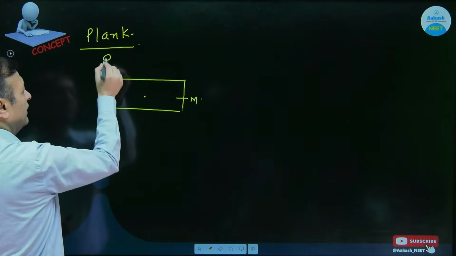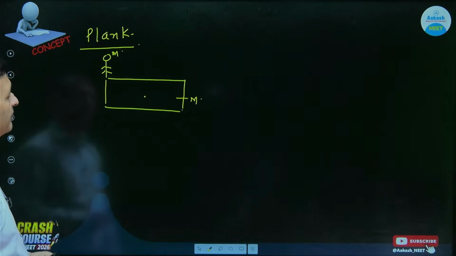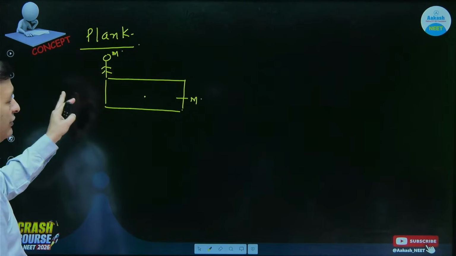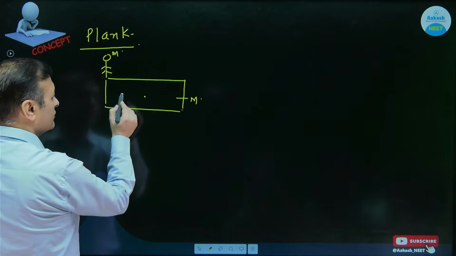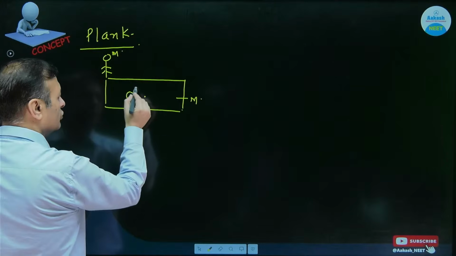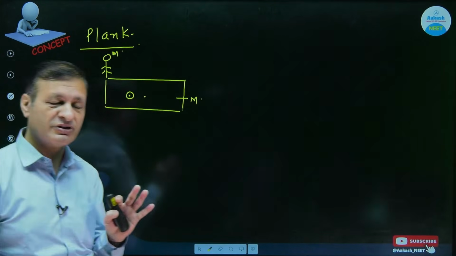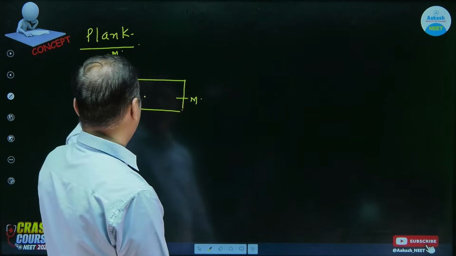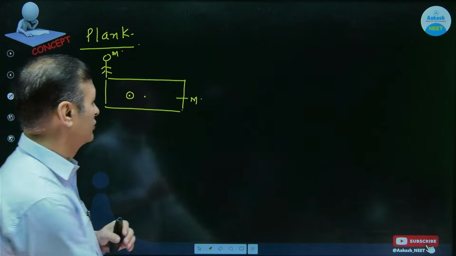Then you have a man standing on the plank having mass small m. Because this man is at one edge of the plank, for these 2 point masses, the center of mass would be somewhere here. So this is the original center of mass of the system. Now the system consists of 2 masses: the plank of mass M and the man of mass small m, who is at one edge.